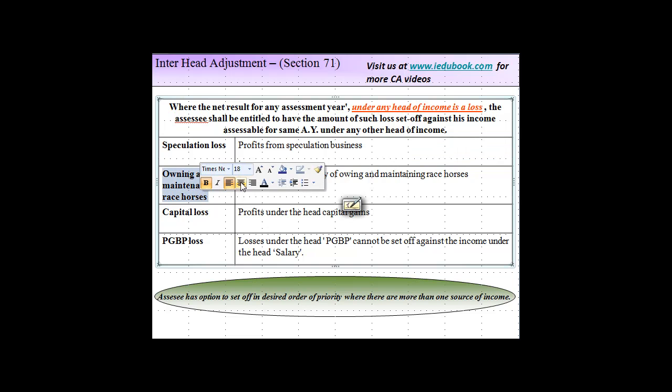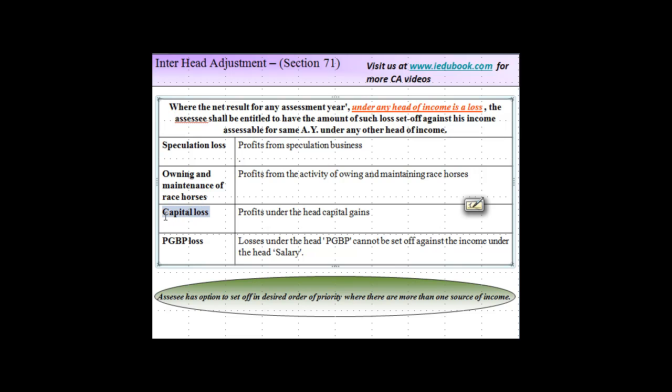Next is loss from owning and maintenance of horse races. If you have any losses under this, you cannot set it off against any other income. It has to be set off against profits from the activity of owning and maintaining racehorses.